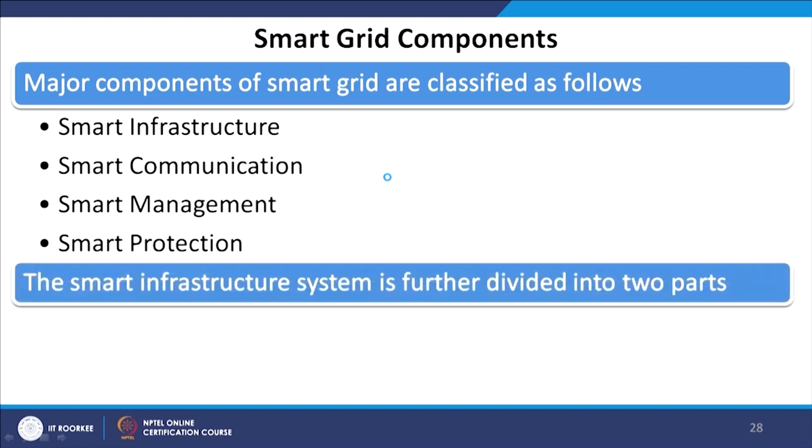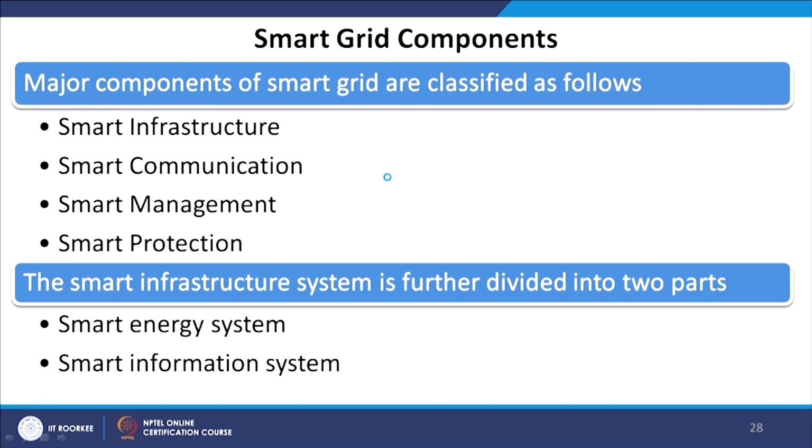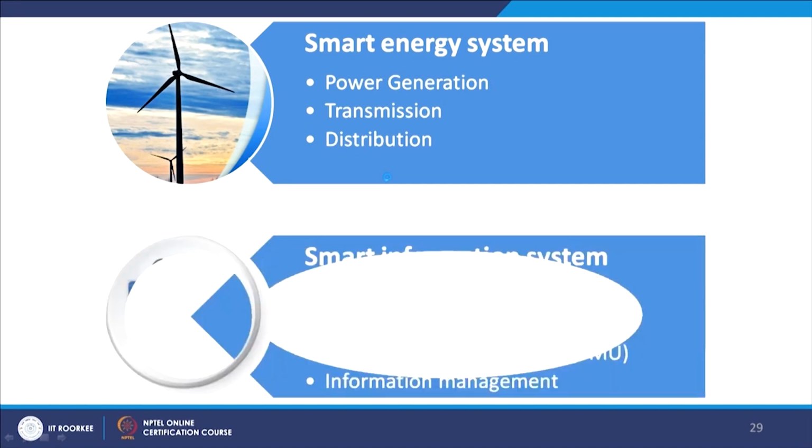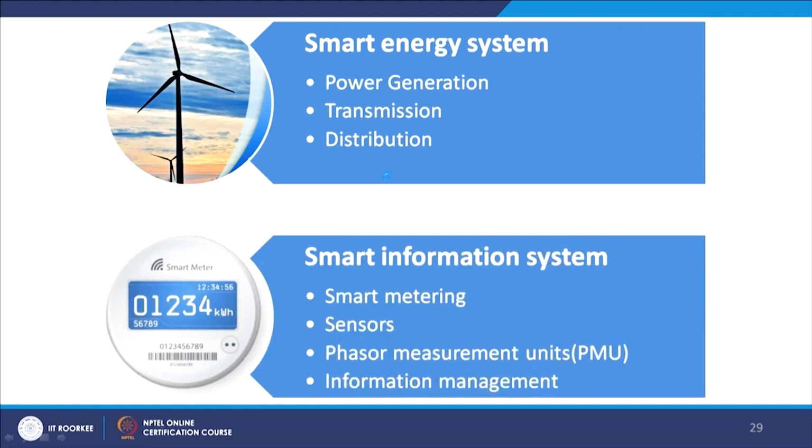The smart infrastructure system is further divided into two parts: smart energy system and smart information system. The smart energy system will be of power generation type, transmission type and distribution type, whereas the smart information system will have smart metering, sensors, phasor measurement units as well as information management.